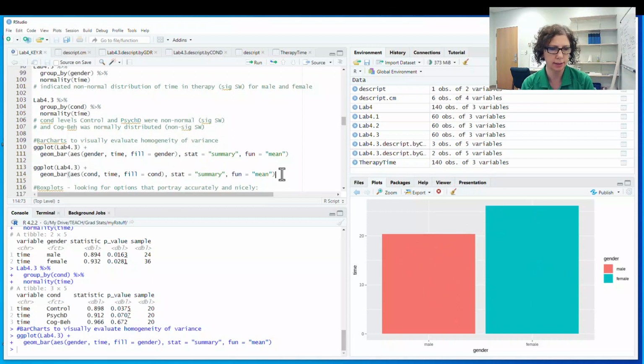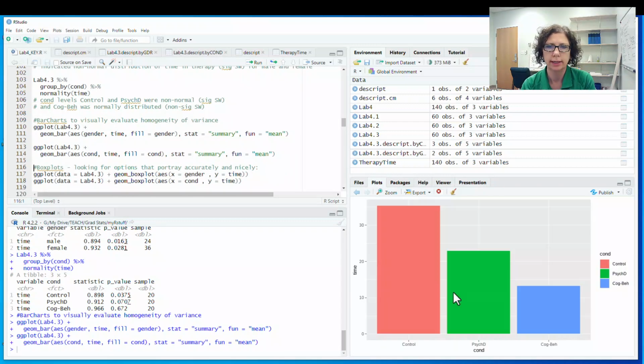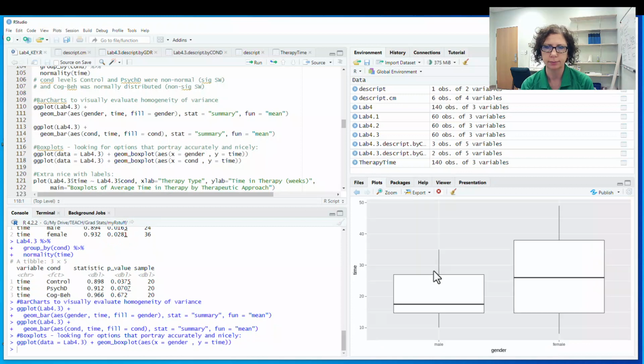We can do the same thing with condition. And now we have average time in therapy per therapeutic condition. And of course, our box plots that help us look at the spread of the scores. Male and female.